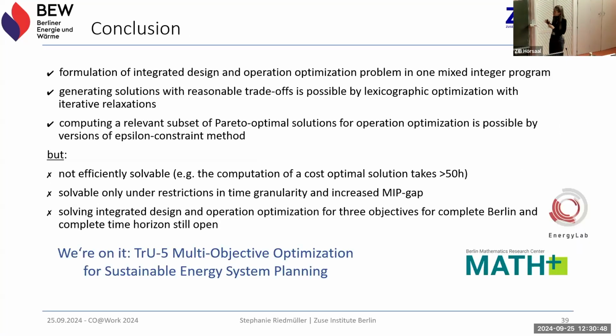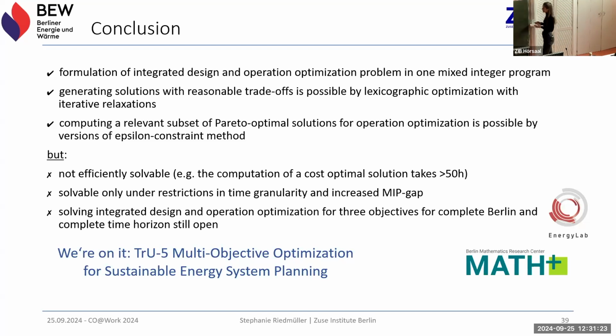Okay, this is what we have done for now. The conclusion is that I showed you how you could formulate an integrated design and operation optimization problem with mixed integer programming. Then I showed you that we can generate solutions with reasonable trade-offs by lexicographic optimization, a simple approach but with some nice outcomes. And we can do operation optimization with three objectives using the epsilon constraint methods.